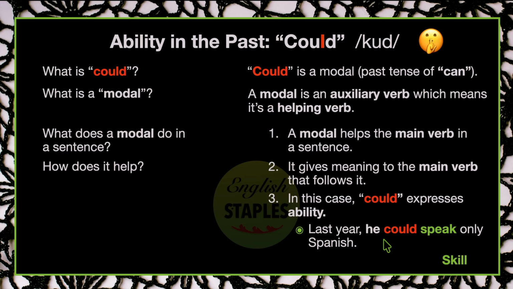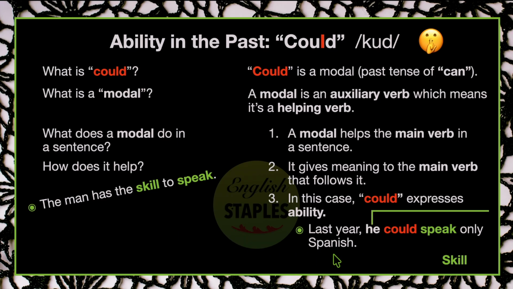Let's take a graphic look at how could gives ability to speak. The man has the skill to speak. So graphically, this is what it looks like.